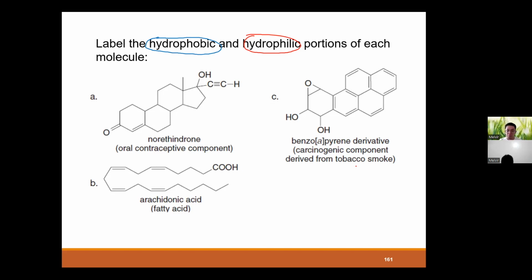Arachidonic acid? Yeah, arachidonic acid is C20. Alam ko, C20 ba yun? C24? 1, 2, 3, 4, 5, 6, 7, 8, 9, 10. Who decided to name it like that? Yeah, it's 20. Alam ko nga, 20 yan eh. Kasi si arachidonic acid, magiging precursor siya ng maraming non-polar molecules sa katawan, including cholesterol, if I'm not mistaken.